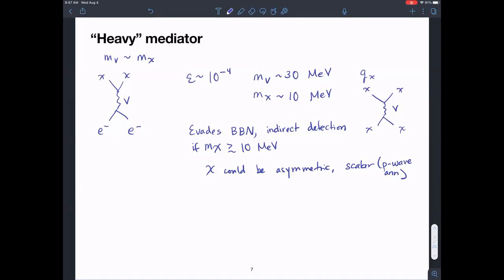As I said, there are lots of proposed accelerator probes of this dark matter candidate, which I don't have time to get into, but I just want to focus on the dark matter electron scattering. So now I'll introduce a fiducial cross-section for dark matter electron scattering.